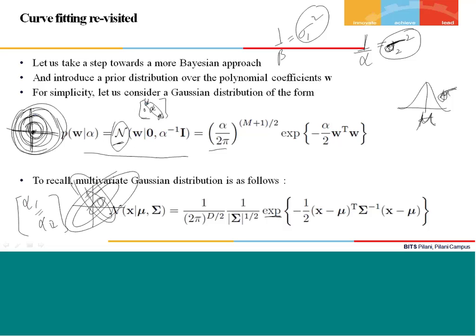And the tip of this mountain depends upon where the mu is. So here mu is 0. So this prior is defined by the multivariate Gaussian distribution, where the mean is at 0 and any of the coordinates does not depend on the others, not correlated.